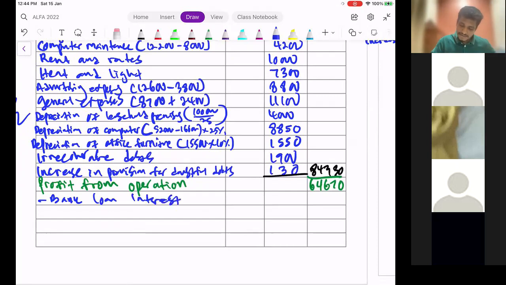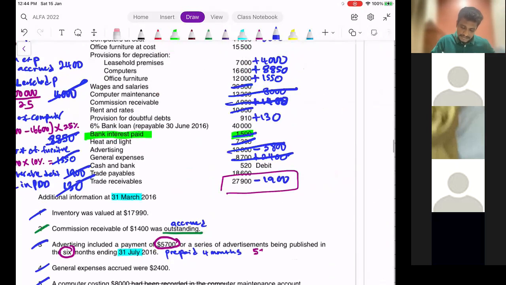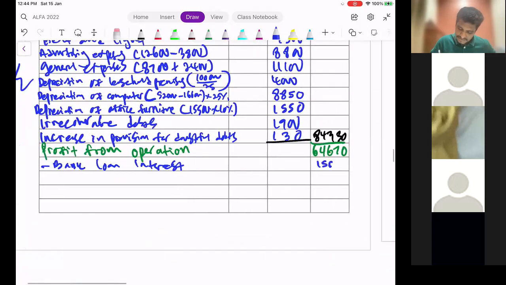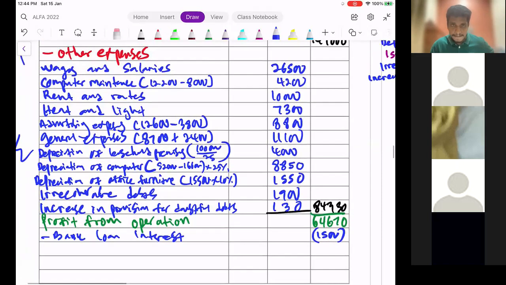So your bank loan interest is how much just now? 1,500. So right here, minus 1,500, you get 64,670 minus 1,500. Oh wait, something is wrong. Give me 1 minute. 26,500 plus 4,200 plus 10,000.